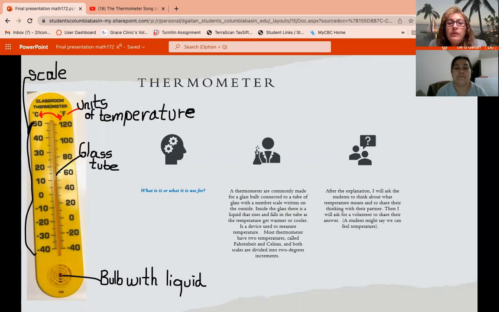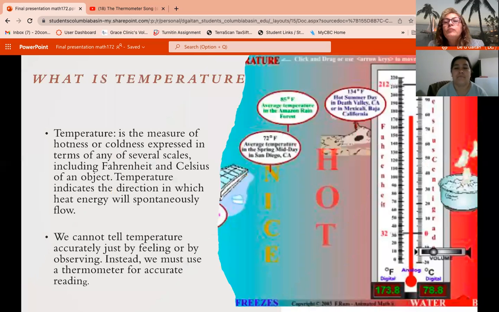So remember, most thermometers have two temperature scales, Fahrenheit and Celsius, and both scales are divided into 2 degree increments. What is temperature? Temperature measures the hotness or coldness of an object, expressed in terms of any of several scales, including Fahrenheit and Celsius.